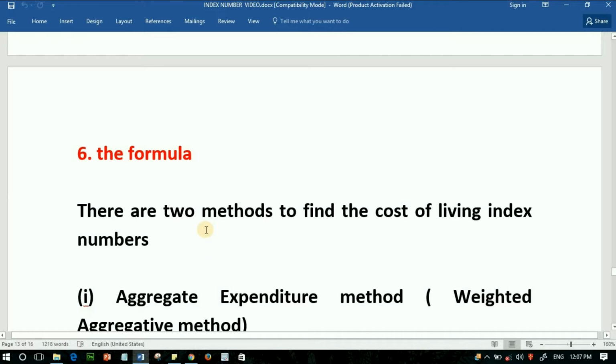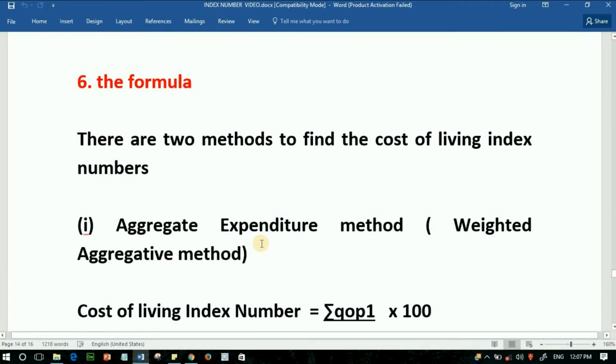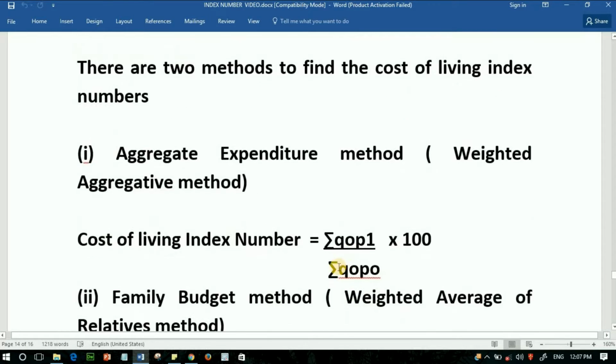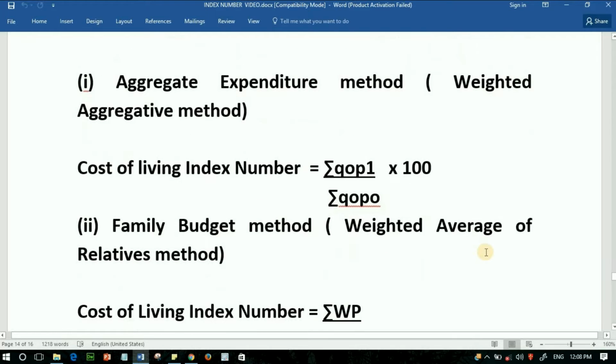Then mainly there are two methods to find the cost of living index number. One is the aggregate expenditure method, also called the weighted aggregate method. In this case, the formula is Σ Q0 P1 / Σ Q0 P0 × 100. The second method is the family budget method, or weighted average of price relatives method.